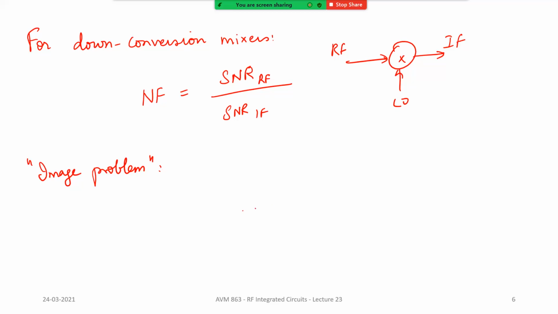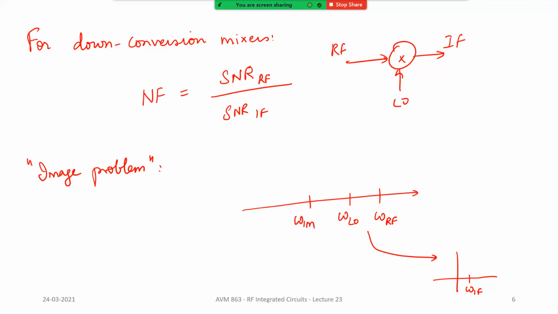If there is a signal LO plus IF, then that loss is down. So in conversion, let's say this is your omega LO, and let's say this is omega RF. If these two mix, you will get a certain omega IF. But there is also an omega image, which is sitting on the other side of the LO.